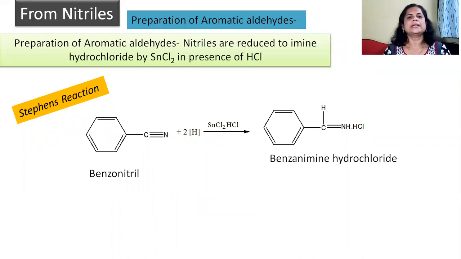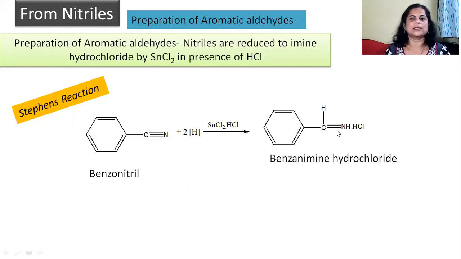Now for the aromatic aldehydes, we are using nitriles which contain a phenyl ring, C6H5C triple bond N, that is benzonitrile. When benzonitrile is reduced by using stannous chloride and HCl, it is converted into imine hydrochloride, that is benzimine hydrochloride, which contains CH double bond NH·HCl.